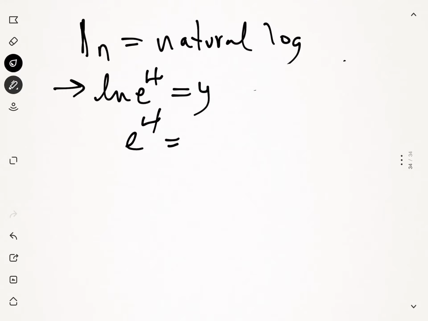If I multiply the right side by e, I end up with e to the y. So you can see what y is. y is equal to 4.